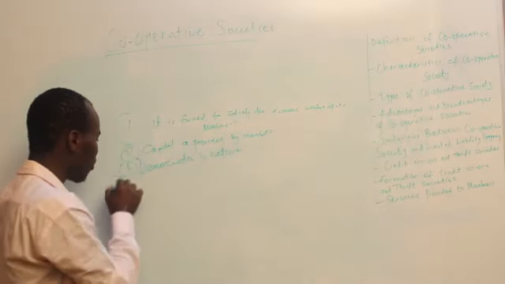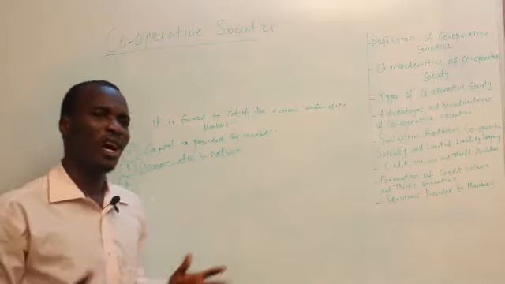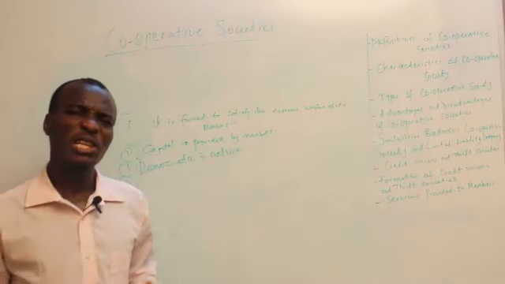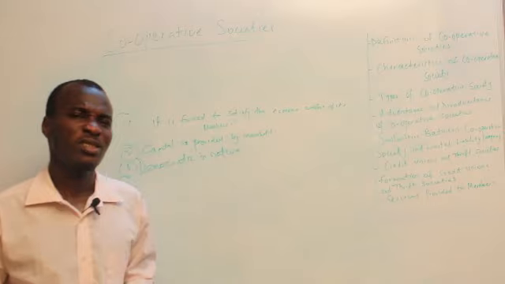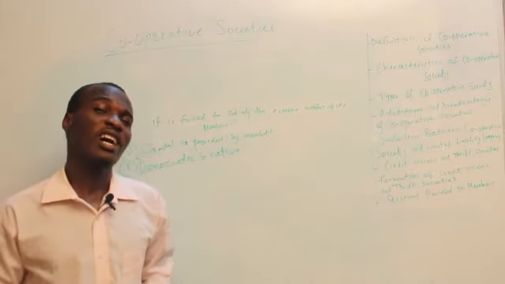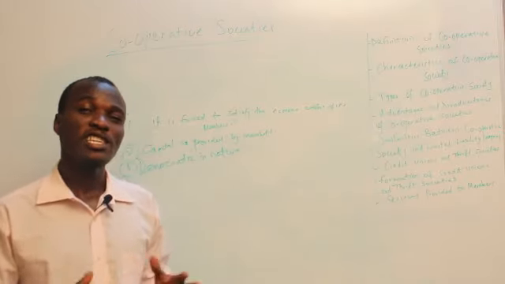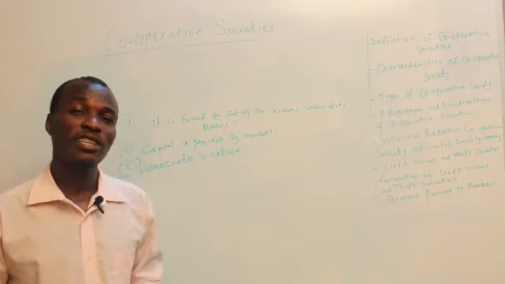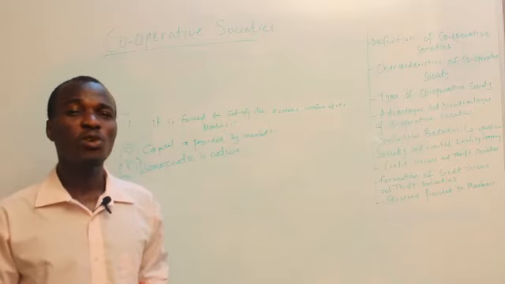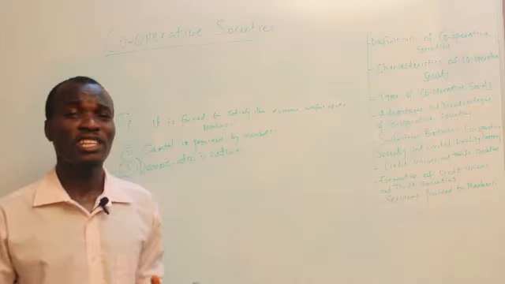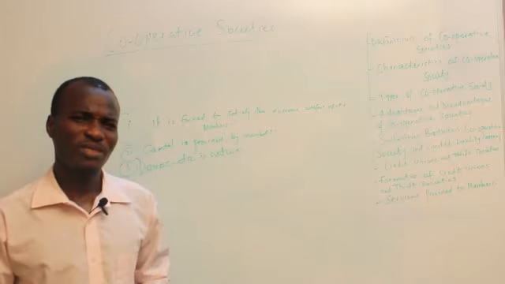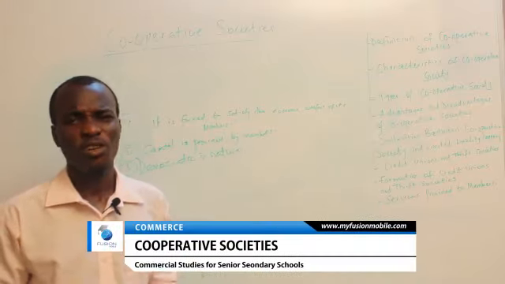So number four, we have how profit or dividend is distributed to members. In the cooperative society, profit or dividend is usually divided or given to members based on the patronage of members of the organization. How did the member patronize the organization or the association?